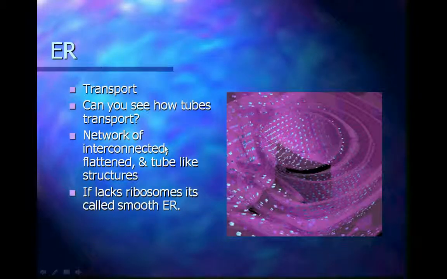The ER is a transport system for the cell if something needs to travel from one part to another. If it has ribosomes, we call it rough, and if it lacks the ribosomes, we call it smooth. Again, the transportation system, kind of like the subway system.